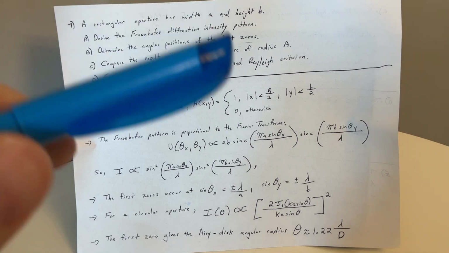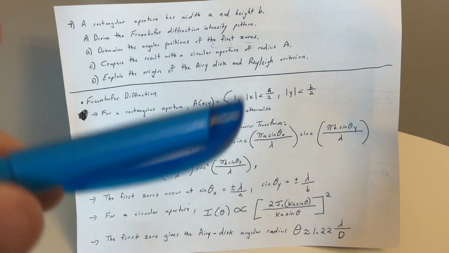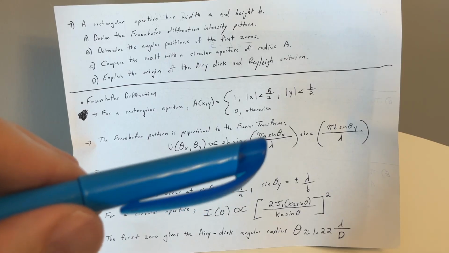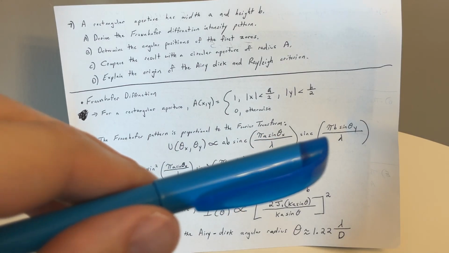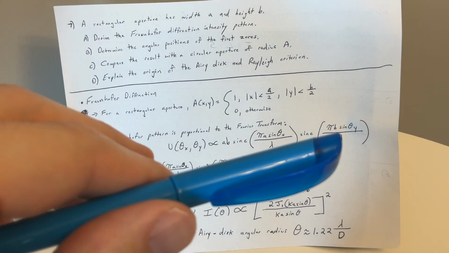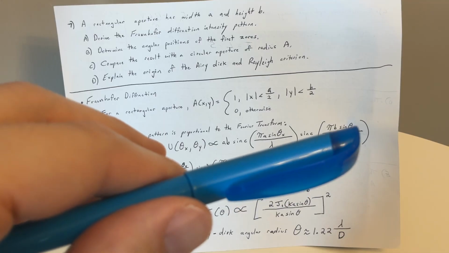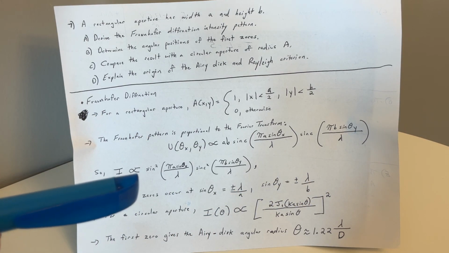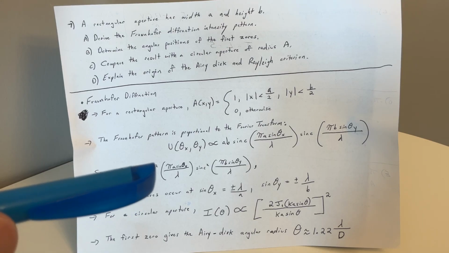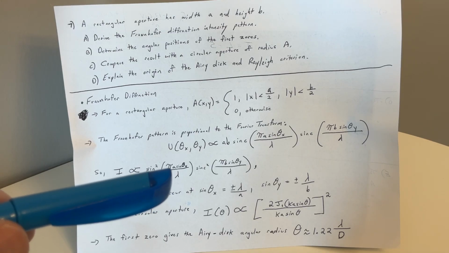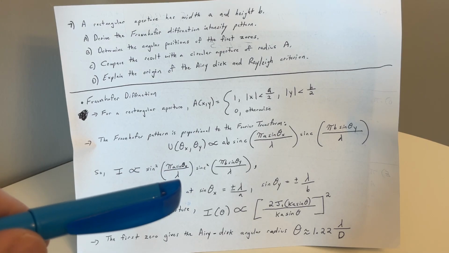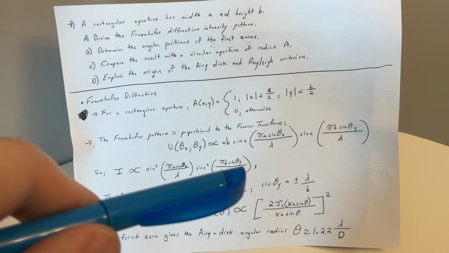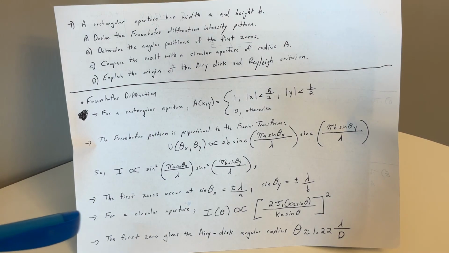Some people don't call it sinc, but for the sake of brevity, I just call it that. So I is proportional to sinc squared of pi a sine theta sub x over lambda, sinc squared of pi b sine theta sub y over lambda.